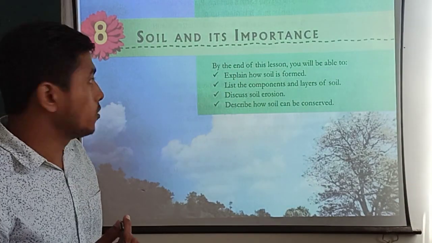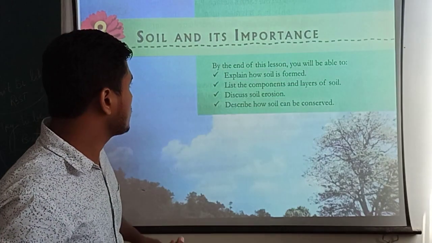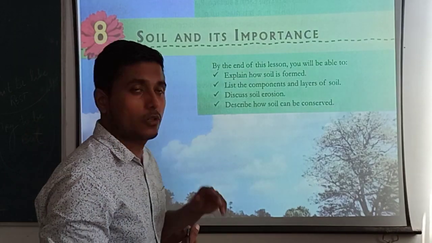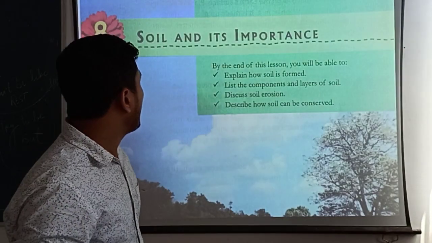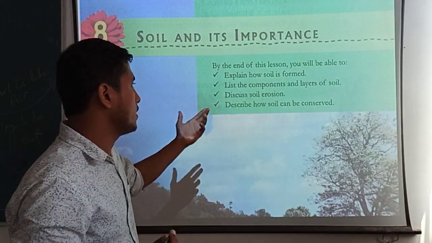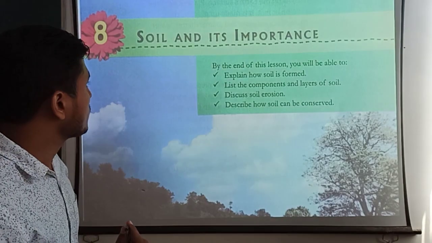After this lesson we will be able to explain how soil is formed. We are going to learn about the formation of soil. After that, we'll list the components and the different layers of soil.